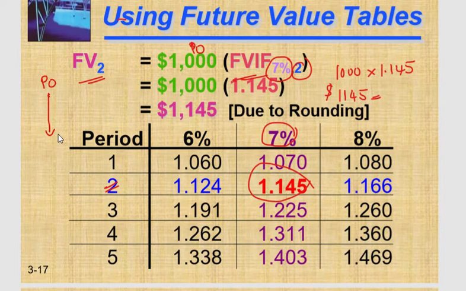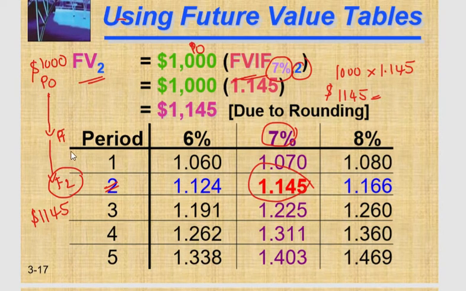After 1 year, F1. After 2 years, F2. The value is now $1,145. You invested in the 0 year 1000. Compounded F1 and F2, compounded twice. Got it? So if it is compounded once, it will be 1070 only.